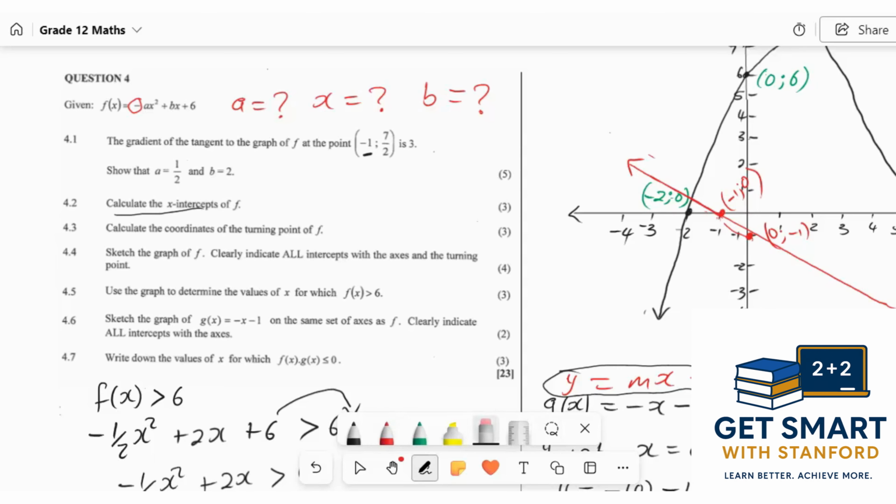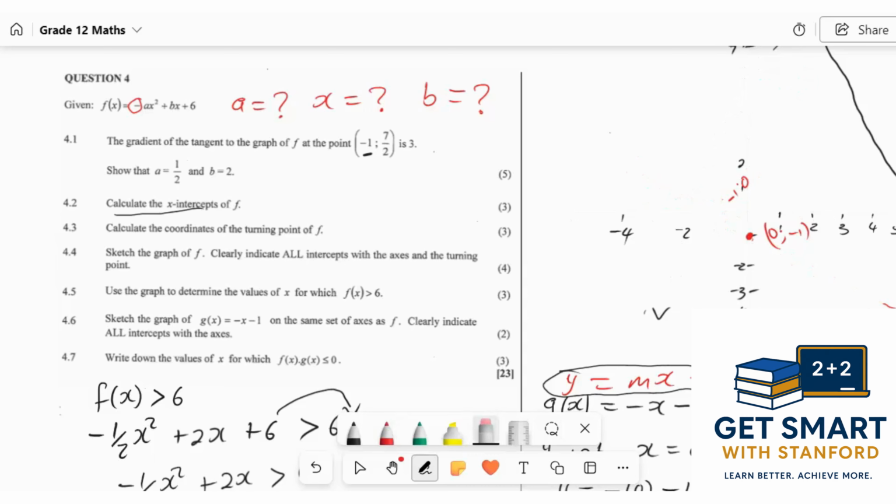Now let us erase everything and see if we can do the last one, 4.7.